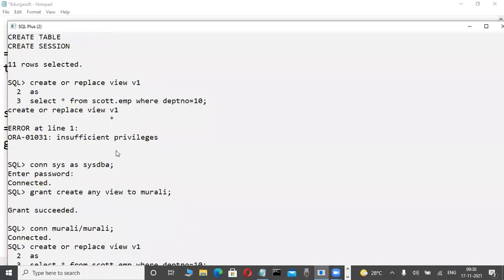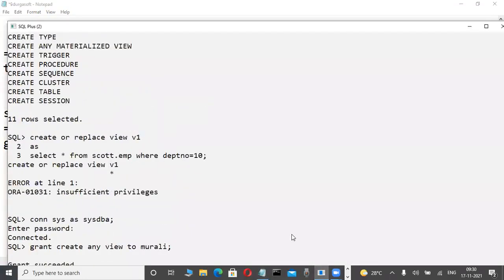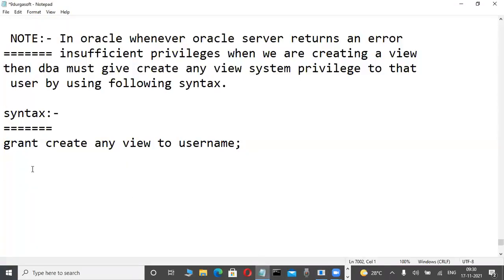Write this example quickly. I am writing it through the Murli user, because the Murli user does not have that privilege. Connect, Murli is a user, and the password is Murli; we already created the Murli user.